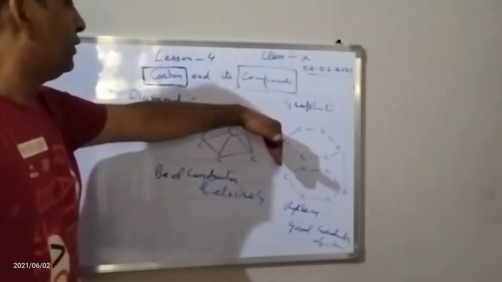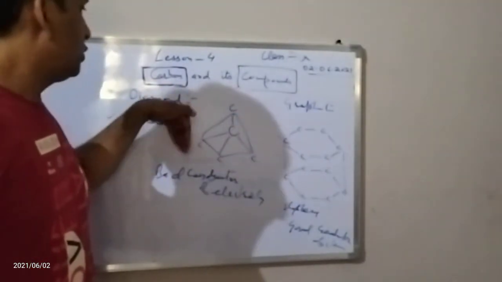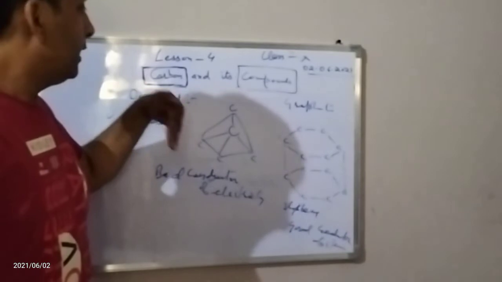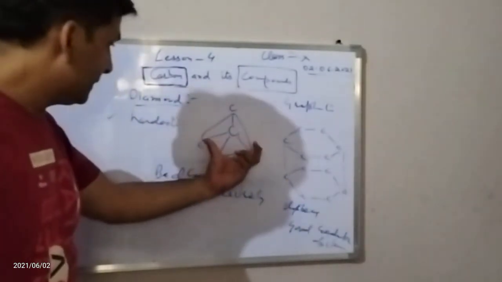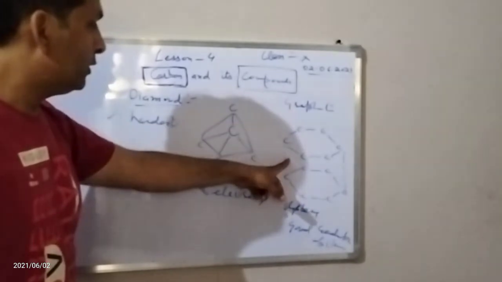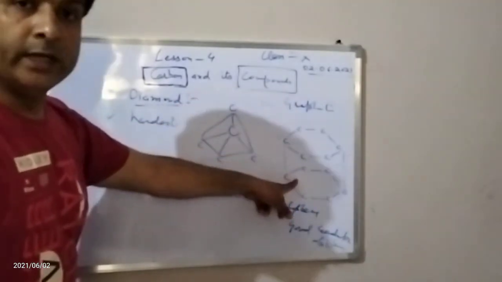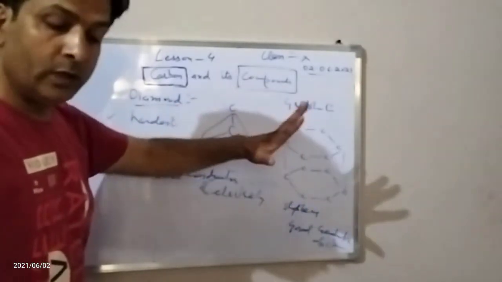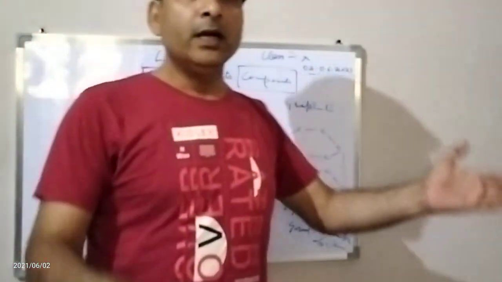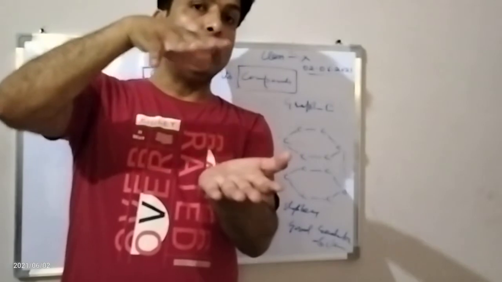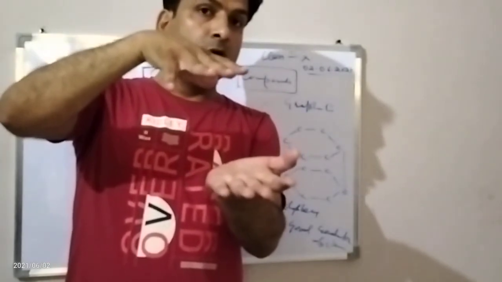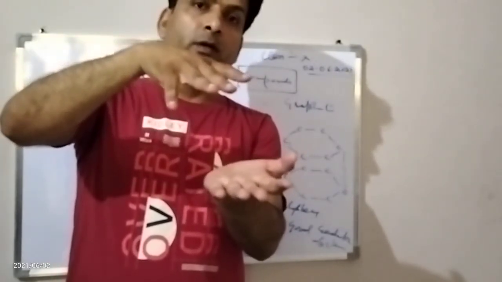These are a few differences between the structure of diamond and graphite: why diamond is hardest, why graphite is soft, and why graphite is used as a lubricant. First of all, you should know what a lubricant is. As children, we use powder while playing carom board.